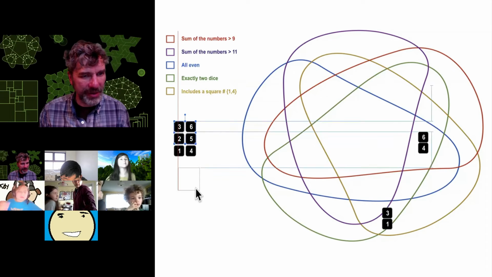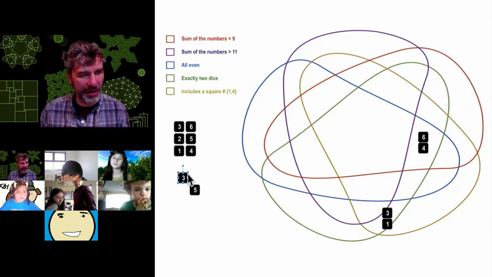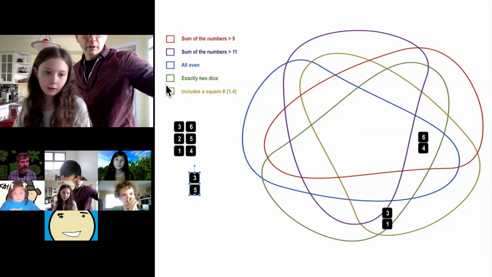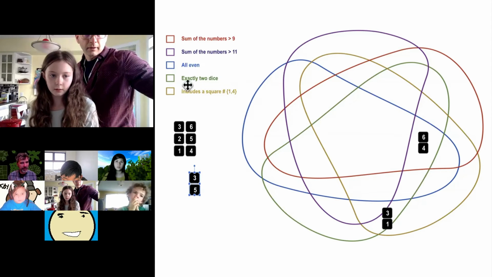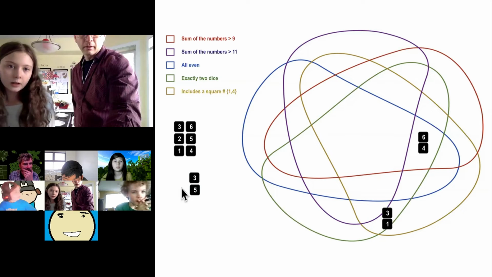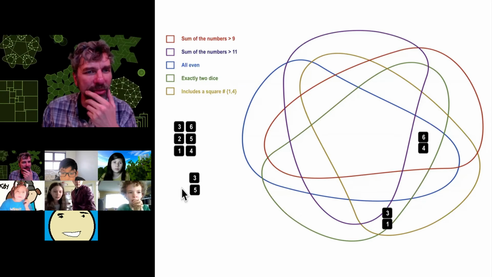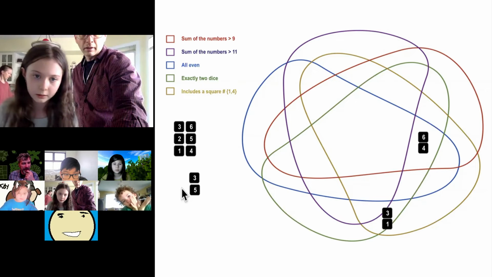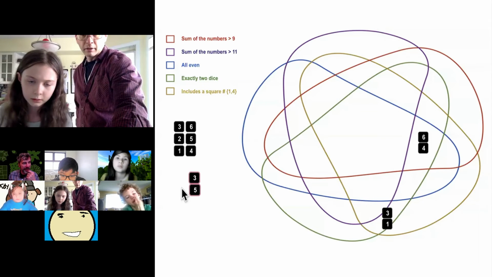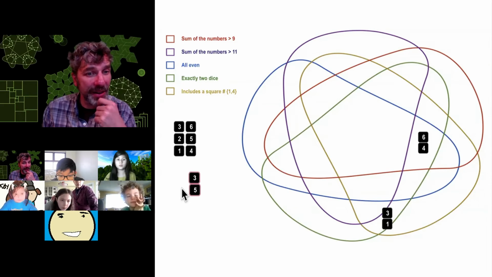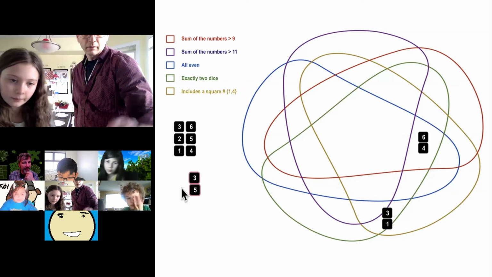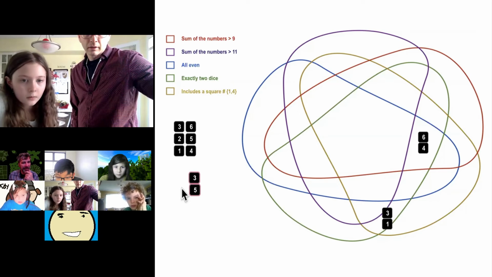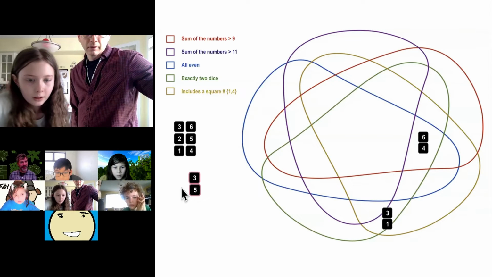Okay. So tell me about this roll. Figure out which questions are yes, which questions are no, and where it goes. Is the sum of the numbers more than 9? Can you drag them out of the more than 11? No, it's not more than 11.